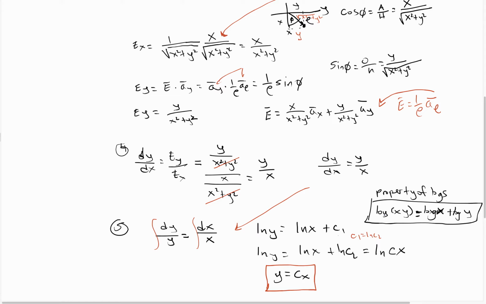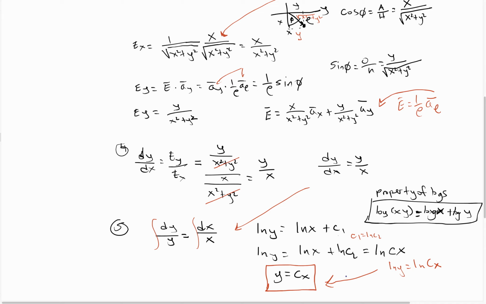Then using the property of logs, the log of x times y is equal to the log of x plus the log of y, we can make this the ln of cx. So now we have the ln of y equals the ln of cx. We exponentiate both sides, and we end up with y equals c times x.